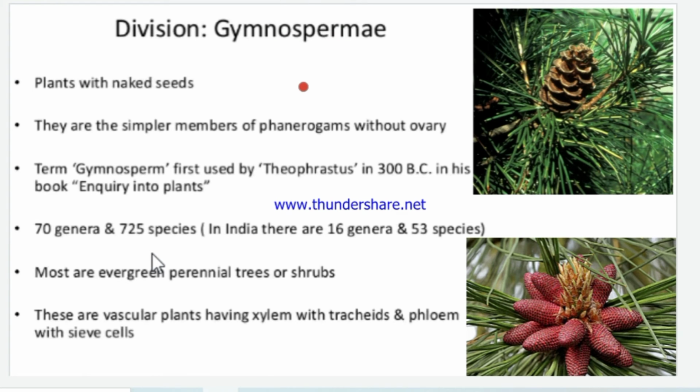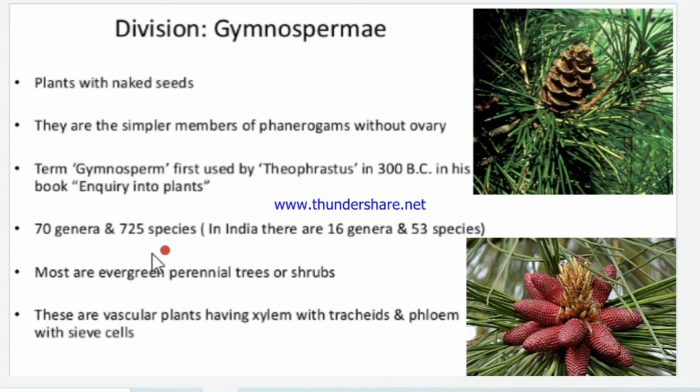The next is division Gymnospermae. Gymnospermae are the division which produces naked seeds. They are the simplest members of the phanerogams, without ovary. The term gymnosperm was first used by Theophrastus in 300 BC in his book Enquiry into Plants.